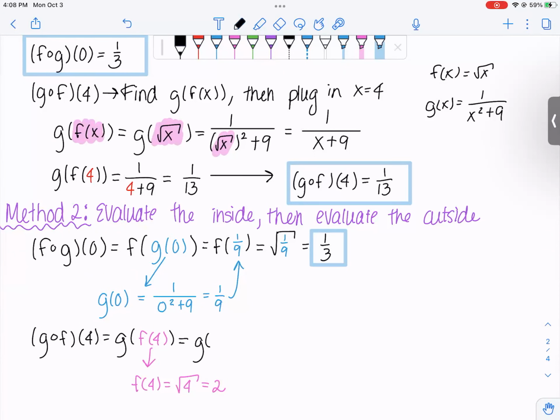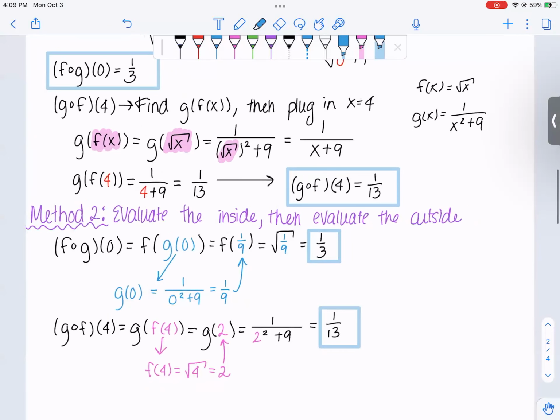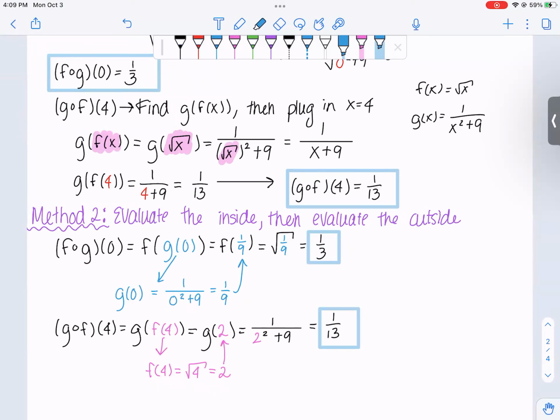This is now g of 2. G of 2 means plugging 2 into the function g. So this is 1 divided by 2 squared plus 9, which will come out to be 1 over 13, which is what we got before. So there you are, 2 different methods to do it. Either way will work.